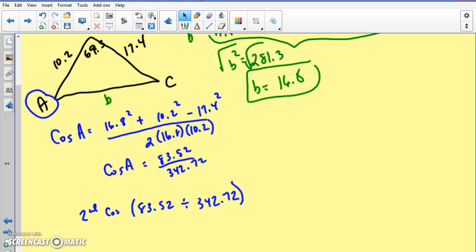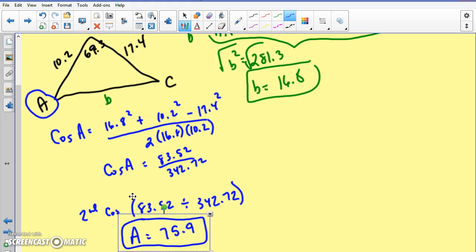Okay, and when we do that, it gives us an answer, and we're going to round to 1 decimal place, or the nearest tenth. Should give us 75.9. Okay, and now I found my second angle, so if we want, we can label it in there, 75.9.